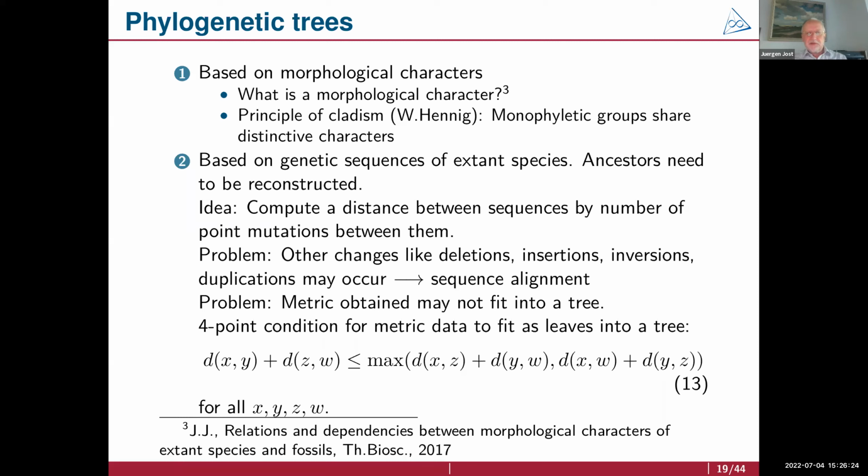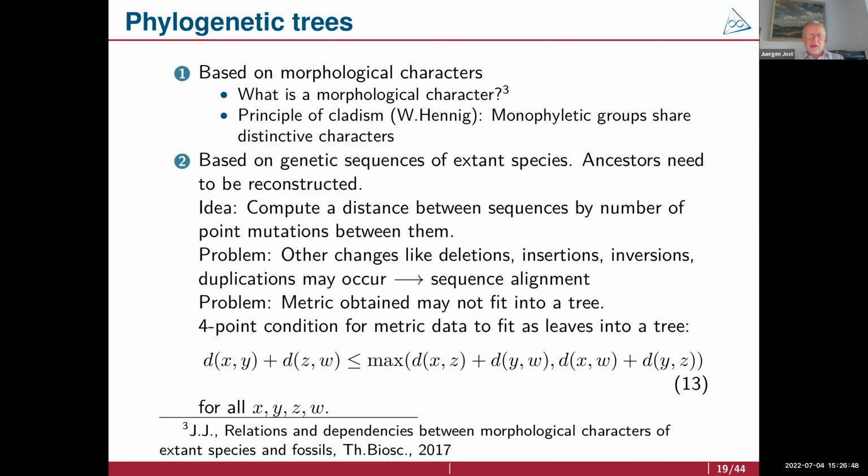You look at the sequences and you look at how different they are. And from that, you compute the distance. So the basic idea is, over evolutionary time, certain nucleotides in the genetic sequence change. And so you just record how many point mutations have occurred between two different sequences. And then this is the distance.